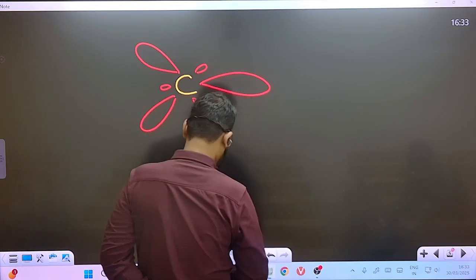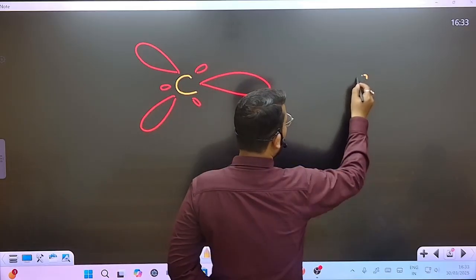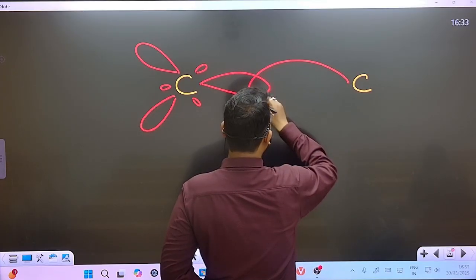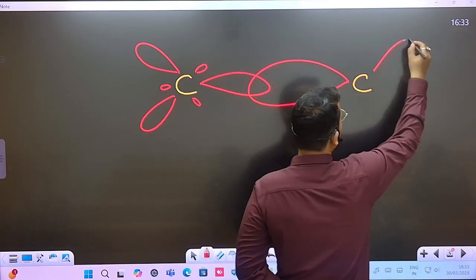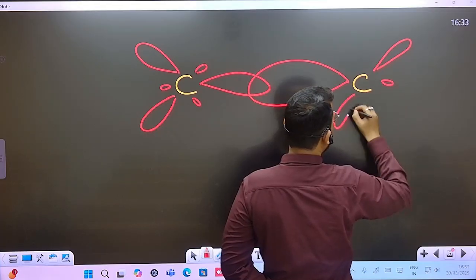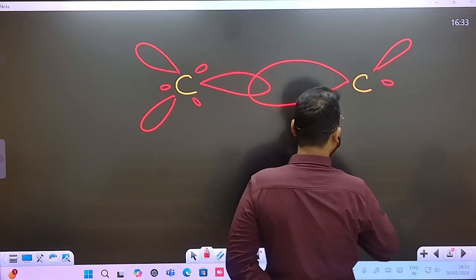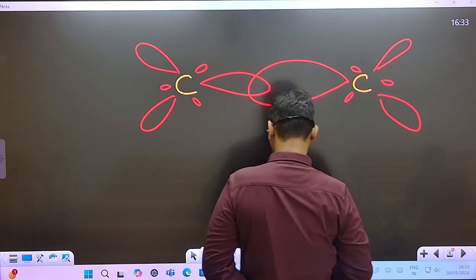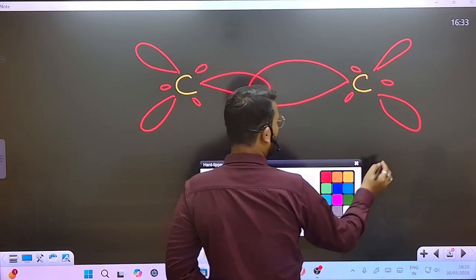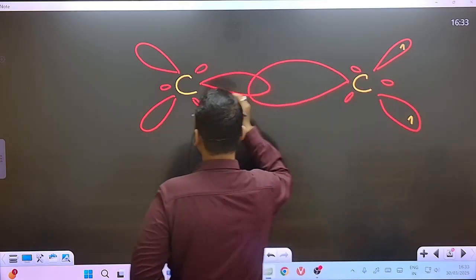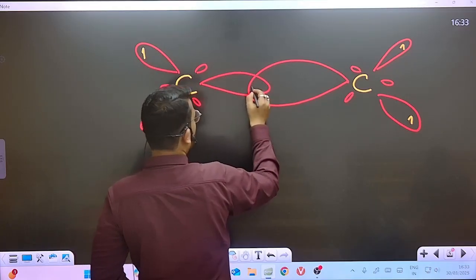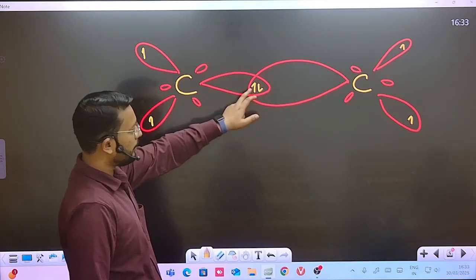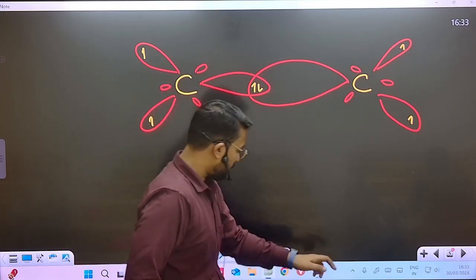And the same way, the opposite carbon has also got 3 hybrid orbitals, which have 1 electron each, and both these carbon atoms are doing bonding the same way I have discussed here.